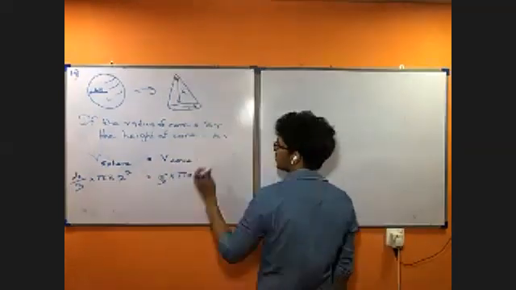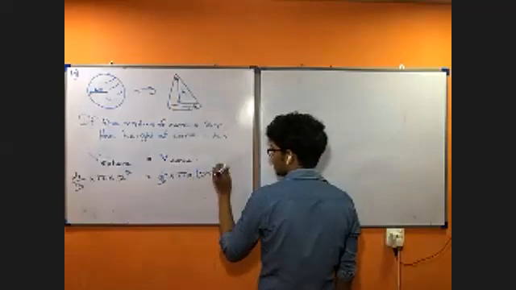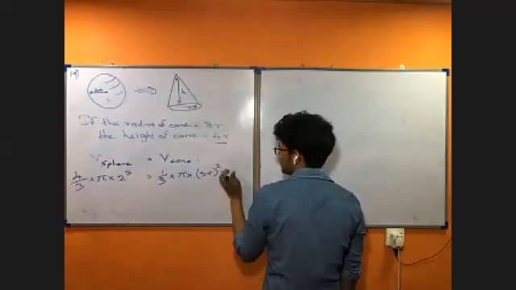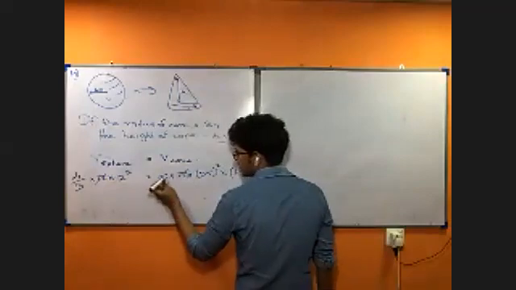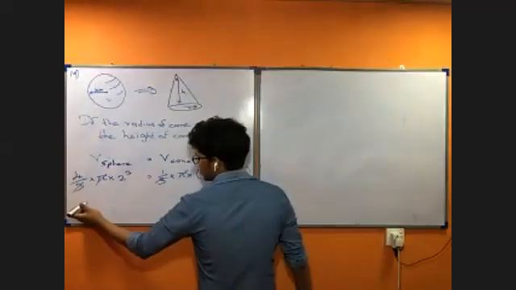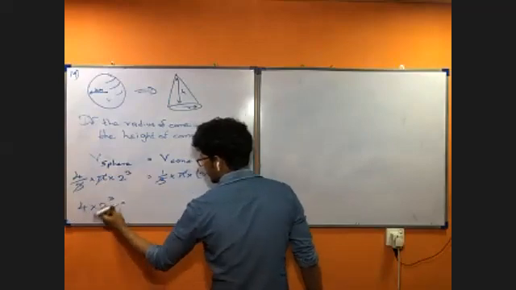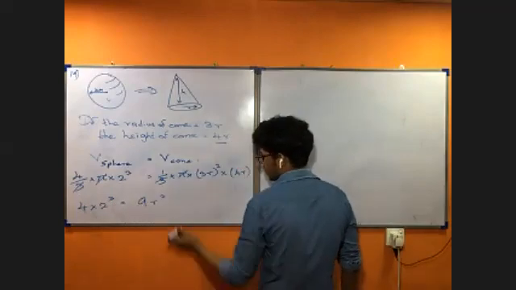My radius is 3r, so (3r) squared into height 4r. So this pi and this pi cancel off. This 3 and this 3 cancel off. So what do I get? 4 into 2 cubed is equal to 9r squared into 4r.